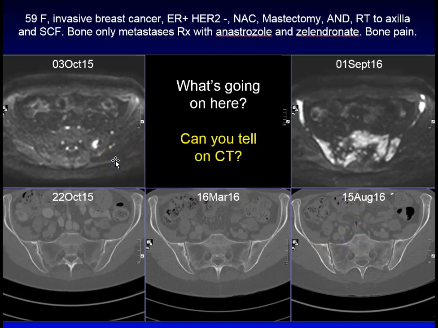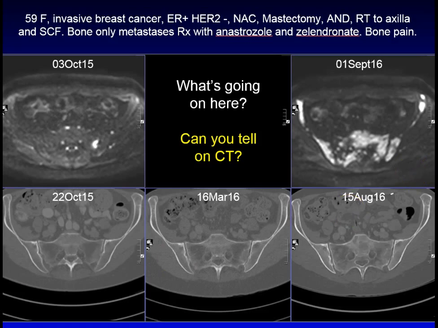Now, what's really dramatic is what is happening in the bones on the MRI scan. You can see on the MRI scans that this patient has marked disease progression.